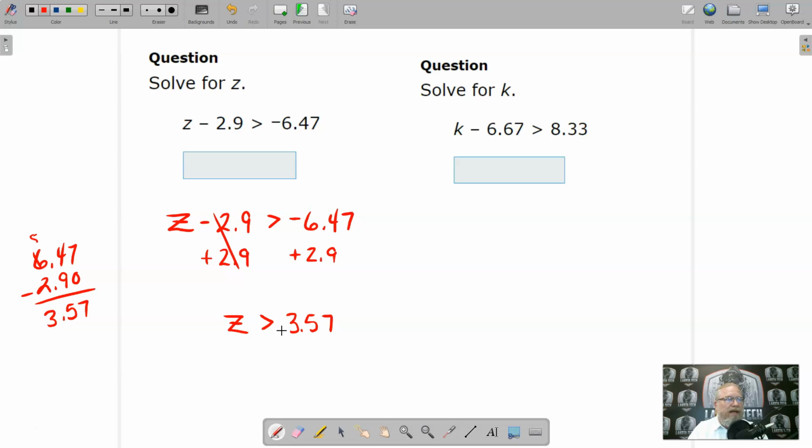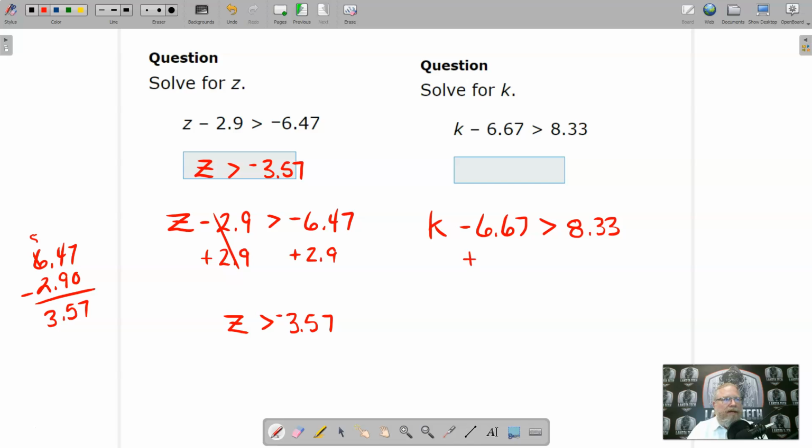So if this is negative, that's going to be negative. Whichever one has the greater absolute value, use the same sign. So Z is greater than negative 3.57.